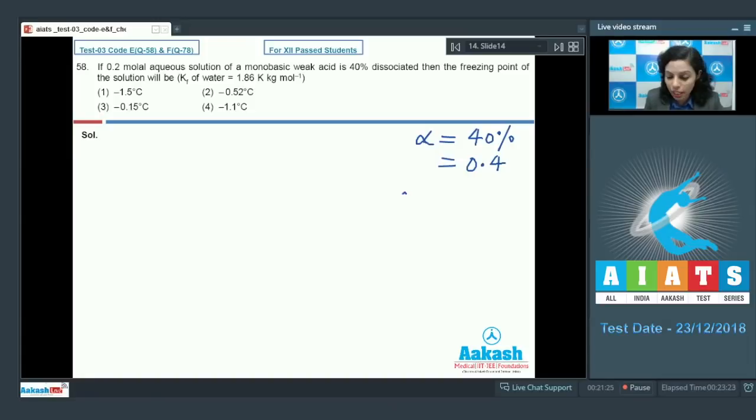I can be calculated with the help of this alpha value. We know that alpha is equal to i minus 1 upon n minus 1 for the process of dissociation. So in this case, alpha is 0.4, and we want to calculate i.